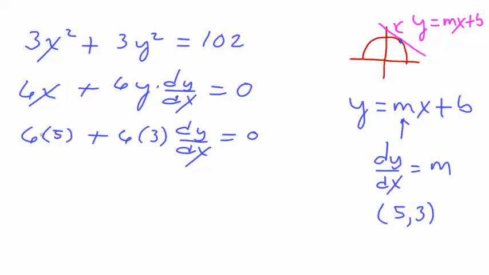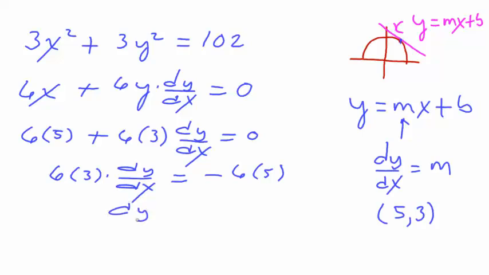So we end up with 30, and actually I'm going to show you something here. So we have 6 times 3. I'm not going to multiply this together, and I'll show you the reason why. dy over dx is equal to, taking this over, negative 6 times 5. So we're not going to multiply that together yet.